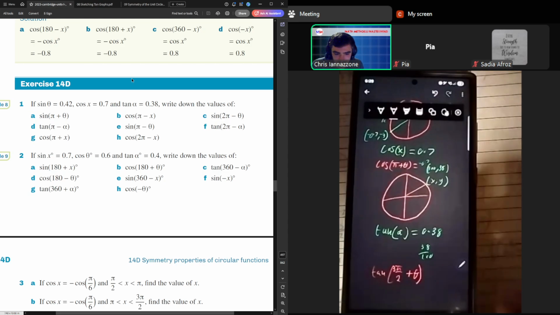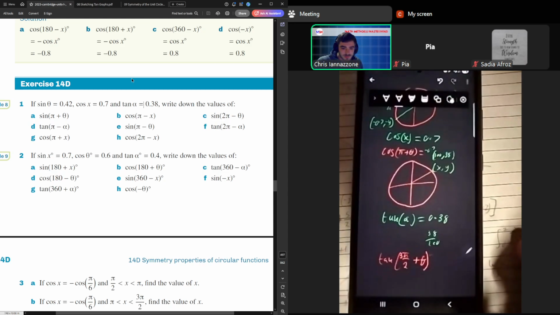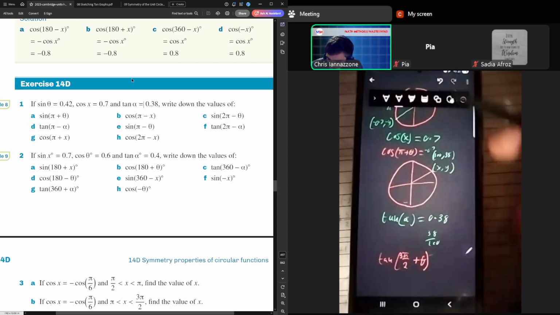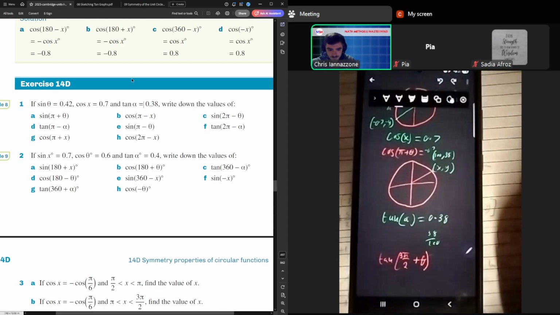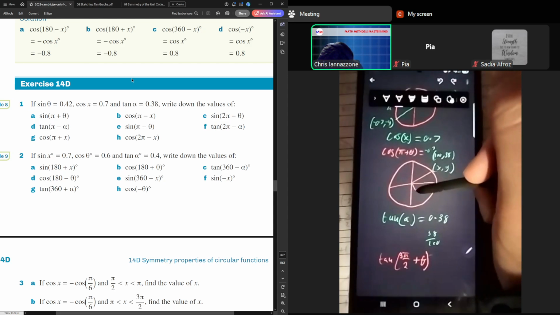I haven't shown you 3 pi over 2 yet, but I'm curious to see if you can figure it out based on what we do. Where does that belong on this unit circle? Fourth quadrant, sure does. Yes, nice.